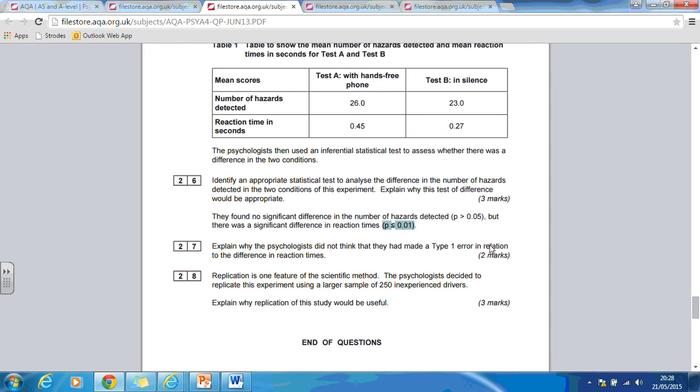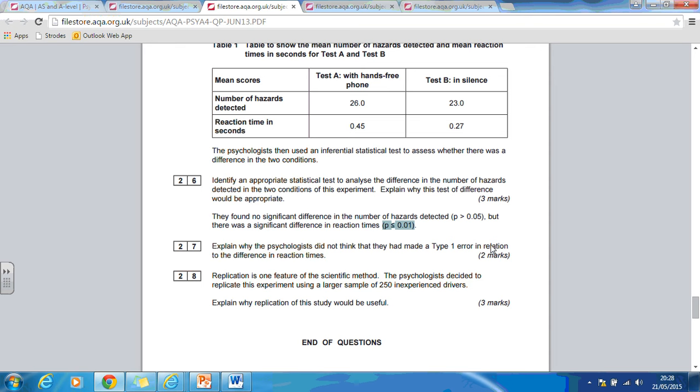The probability value is so minimal, only 0.01%, can be due to chance. What am I saying? No, 1% can only be due to chance. Sorry, I told you I'd have little brain freezes. Right. So it's only saying that 1% can be due to chance, and that's a very strict boundary.